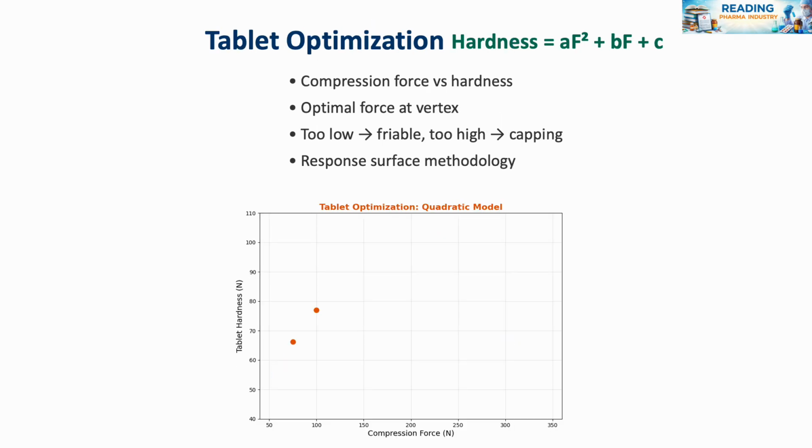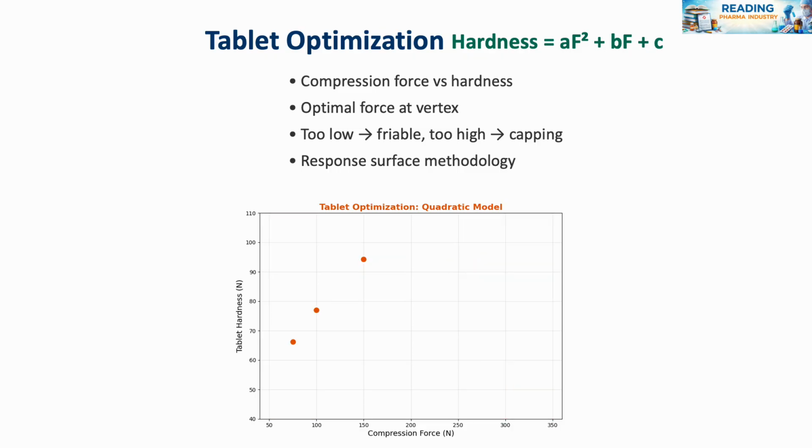So let's look at this pharmaceutical application, and in this example we have tablet compression. We're trying to optimize the process of tableting. In this case, hardness equals A times F squared plus B times F plus C, and F is the compression force. If you plot hardness against compression force, you will get a curve.